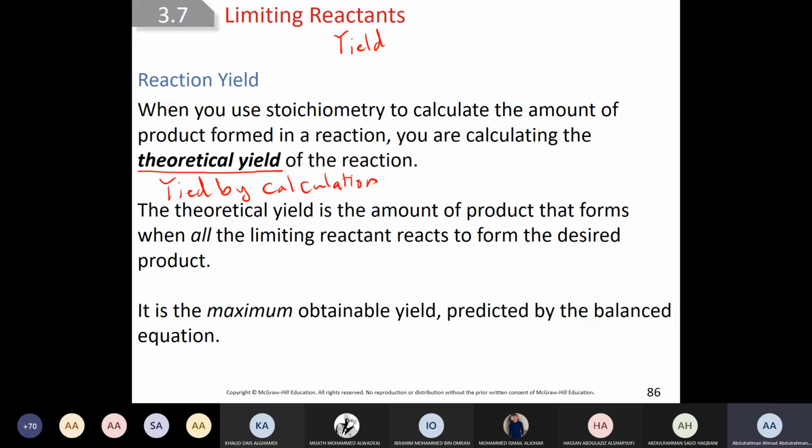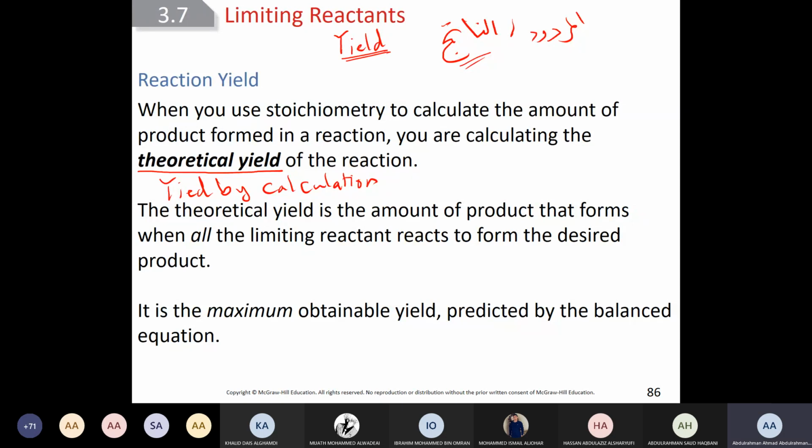In Arabic, the best word, I think the better word is الناتج. How much will be produced? That's the meaning of yield.